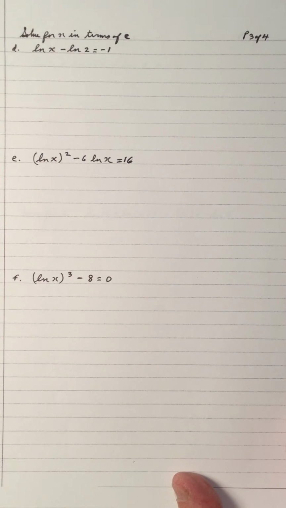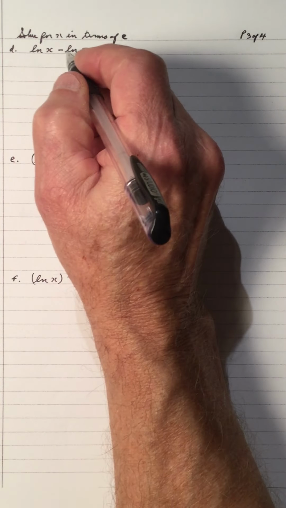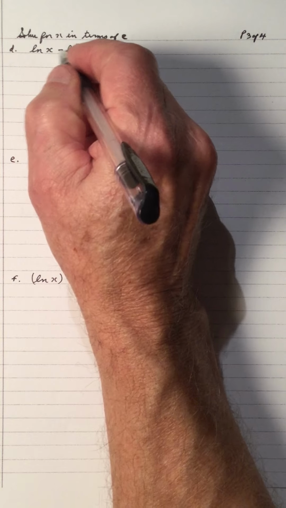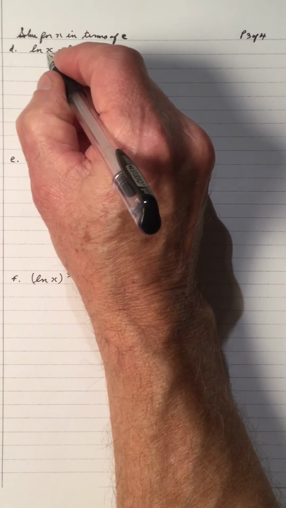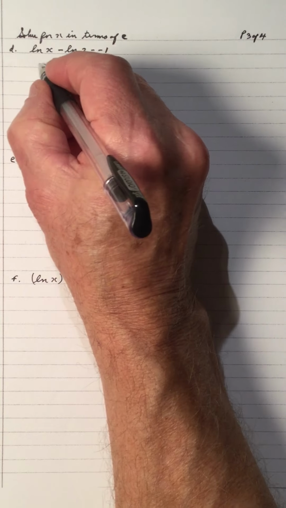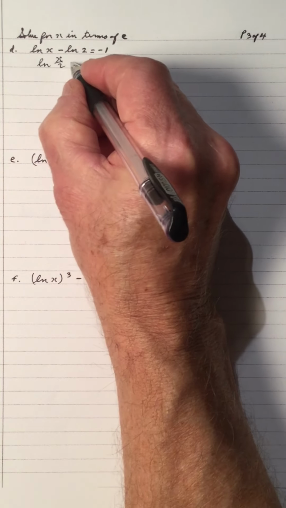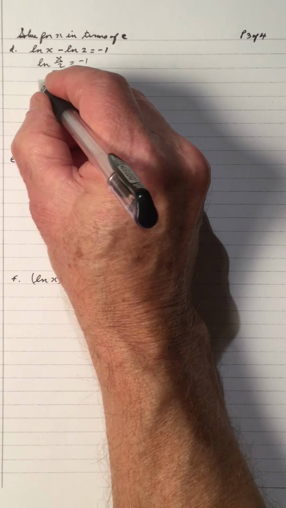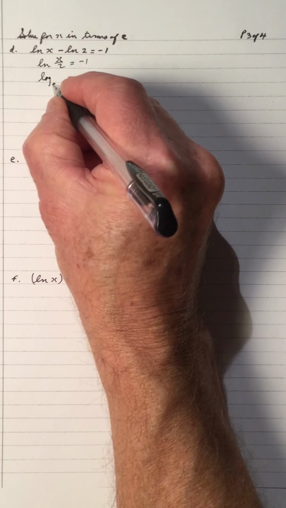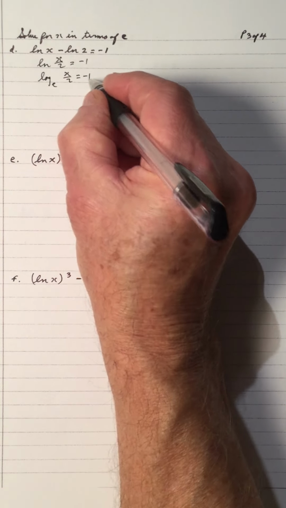Solve for x in terms of e. So we have, again, the ln, and so we have ln x subtract ln 2 equals negative 1, and the subtraction of 2 lns is the ln of the quotient, or division. So we have a single ln, so we go log base e of x over 2 equals negative 1.